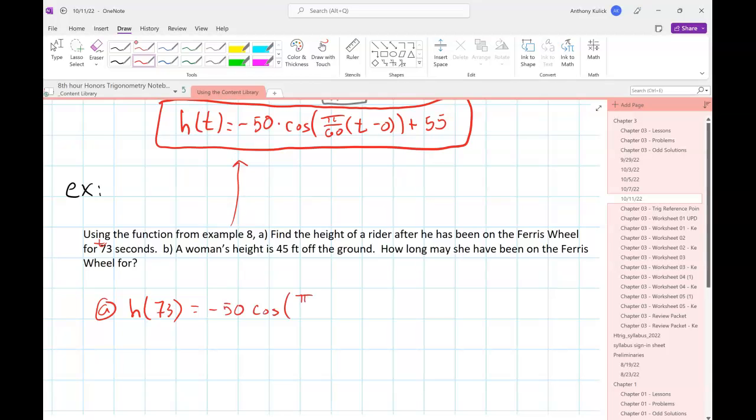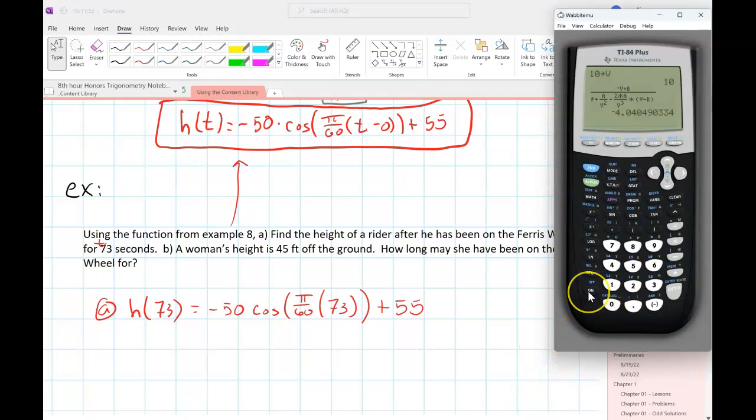Okay. So, bless you. Question for you guys. When we type this into our calculator, what mode should our calculator be in? Radians, great. Why? Why do I know it needs to be in radians?